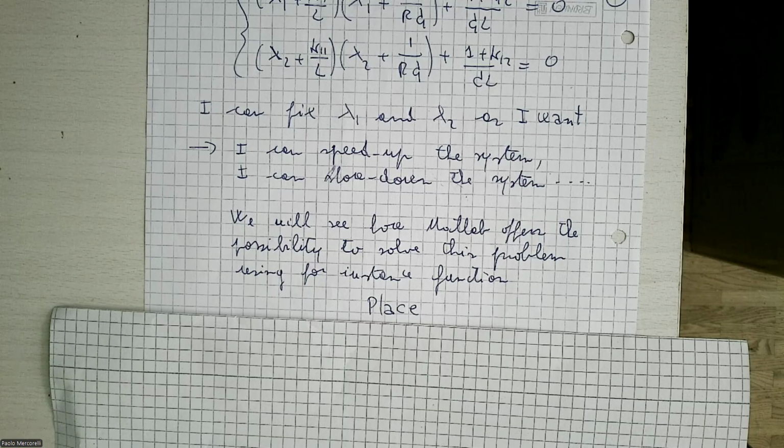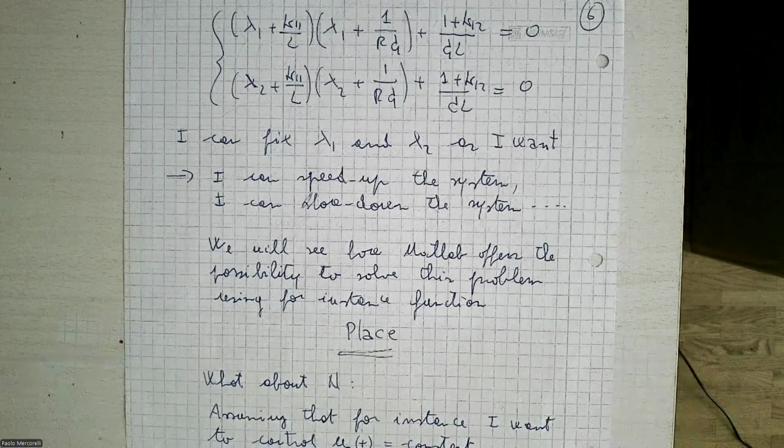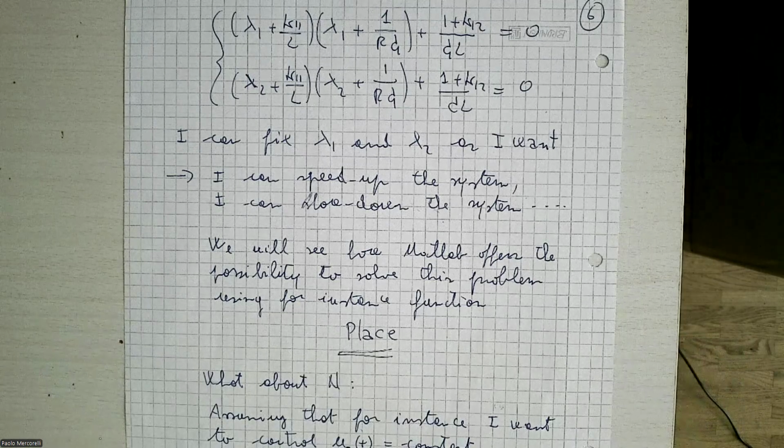We have an exponential function of lambda 1 t plus, multiplied by a constant, an exponential function of lambda 2 t. What is the dominant one? The dominant one is the exponential function which has the lambda smallest in absolute value, because if the exponent is large in absolute value, this exponential will extinguish very fast. I show you what I intend after this explanation.